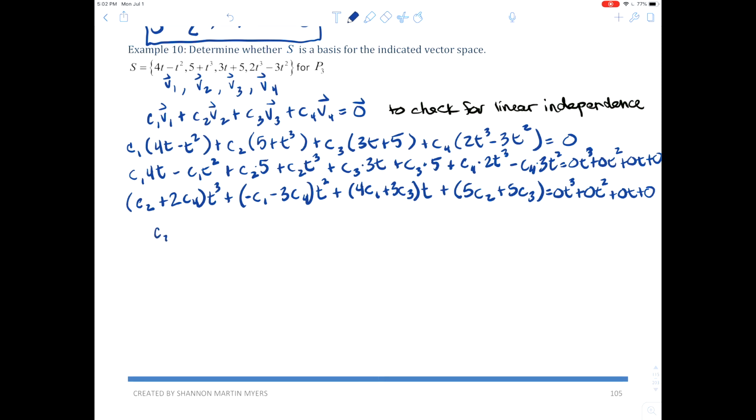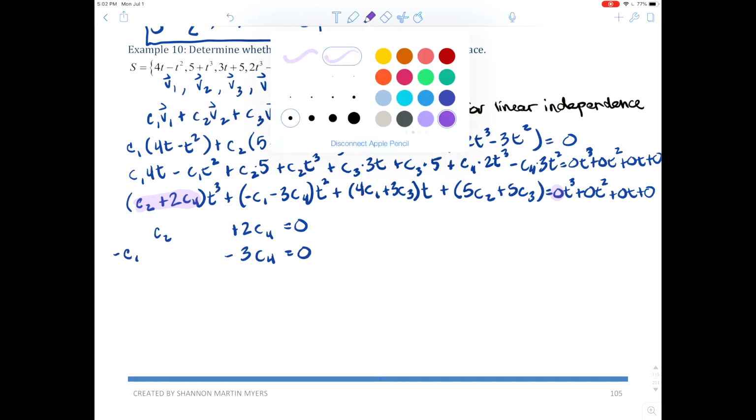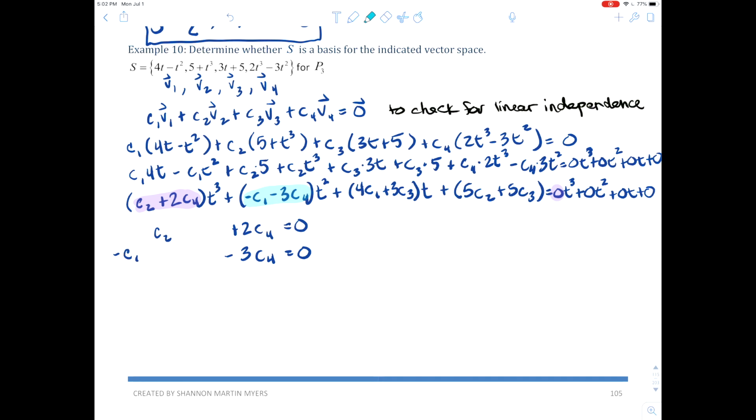All right, so now we'll set up the system. So we'll have C2 plus 2C4 is 0. So I'm equating this guy to this guy. And then we'll have negative C1 minus 3C4 is equal to 0, and that's from equating that expression equal to 0.